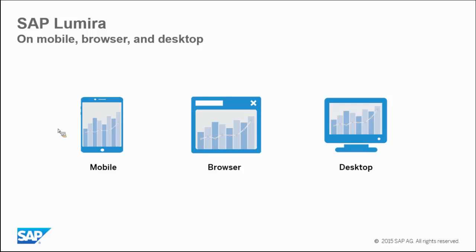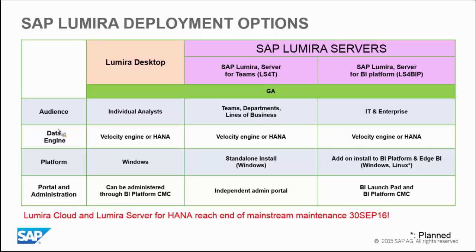And with the last release, 1.29, which we delivered in November, you can also consume Lumira stories on the mobile BI application. So we have access to Lumira stories from all the different device types.